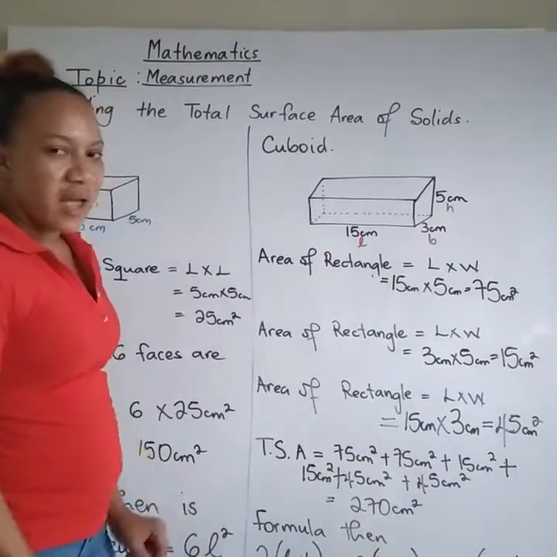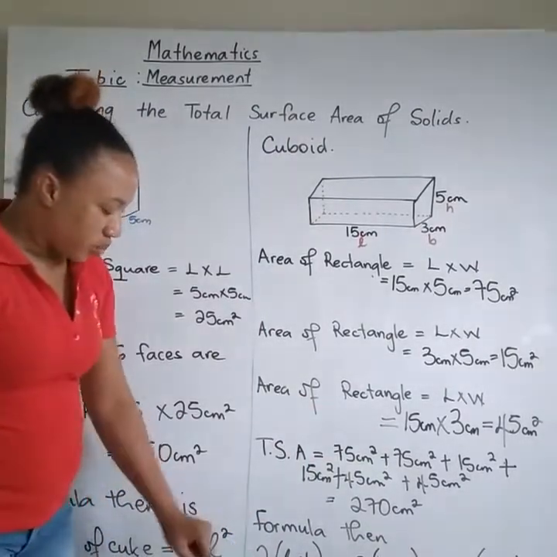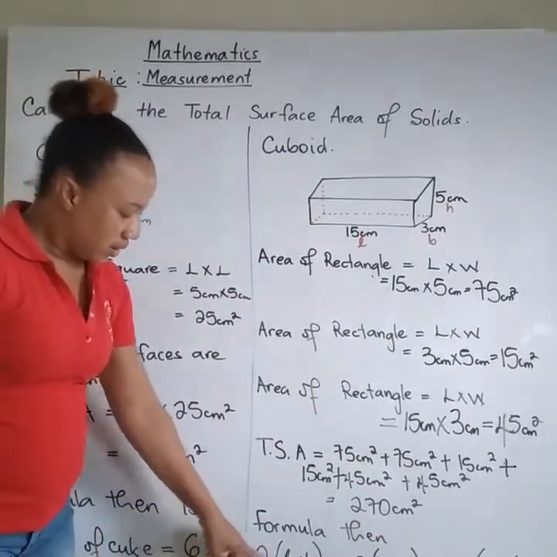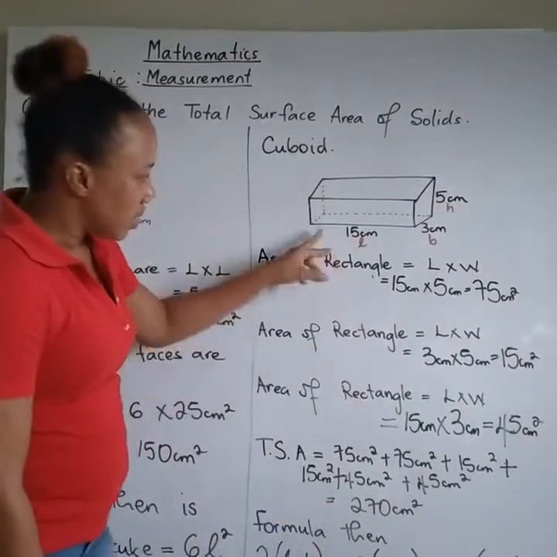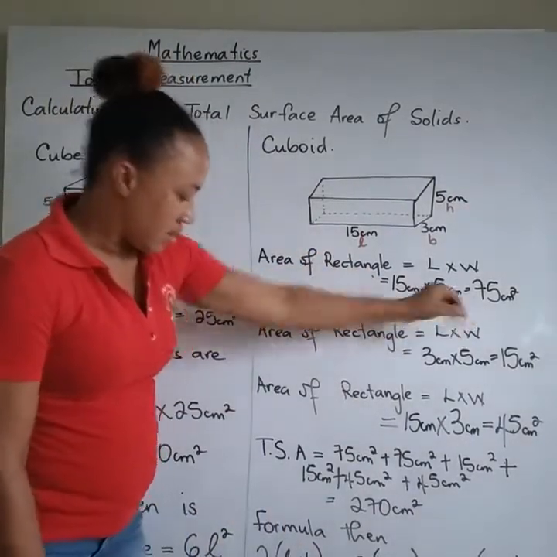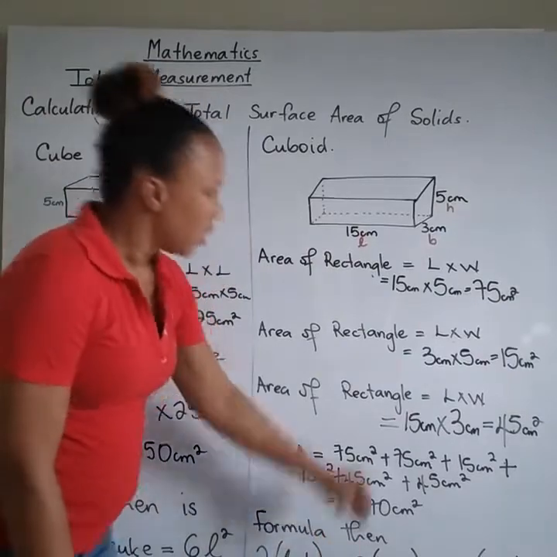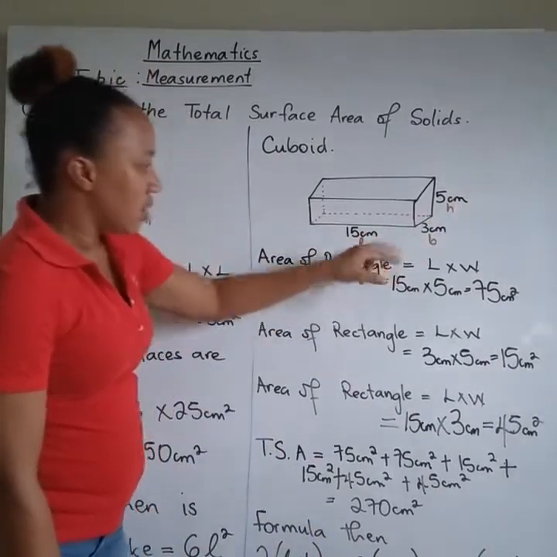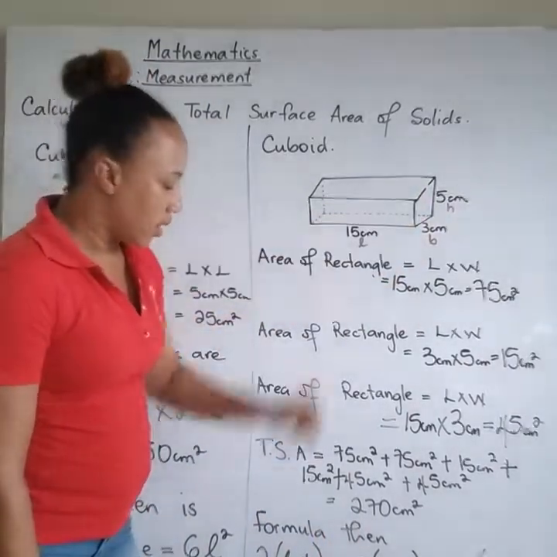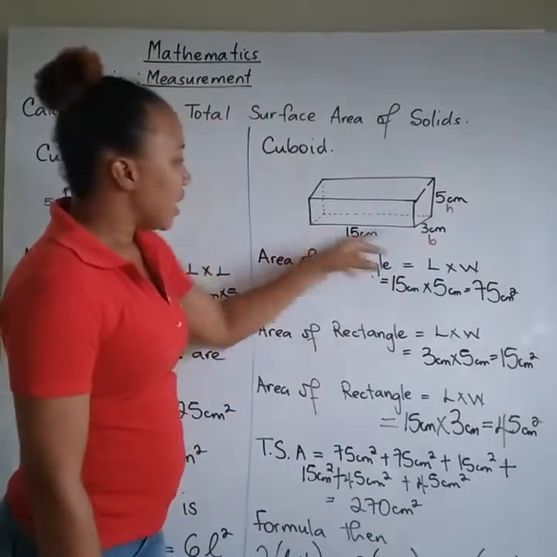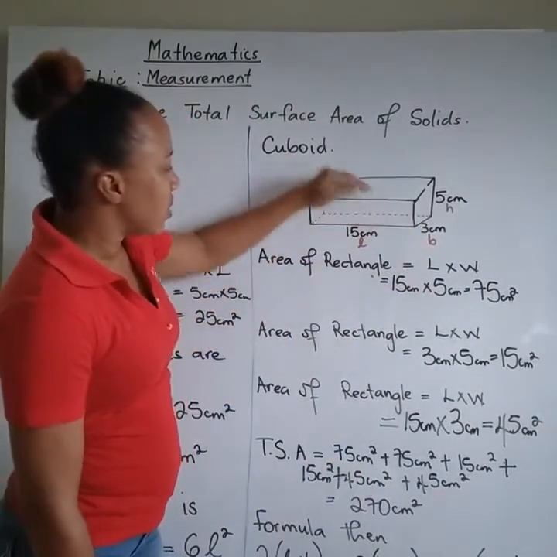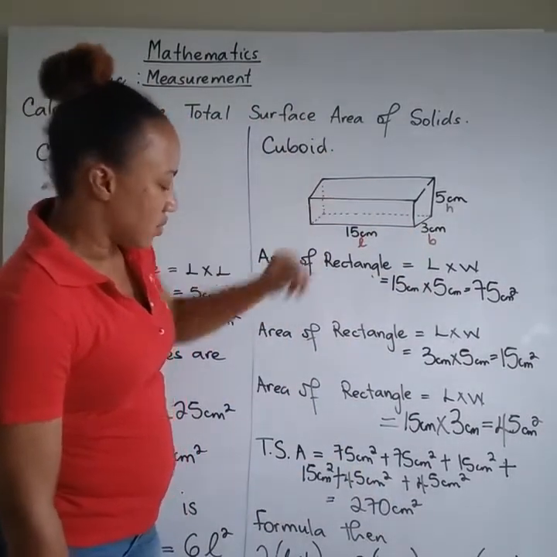Now to simplify all of that, I could put 2 times length times height, which would be the area for this rectangle. 2 times base times height, which would be the area of this rectangle right here. And 2 times length times breadth, which is going to be the area of the rectangle at the top and the bottom.